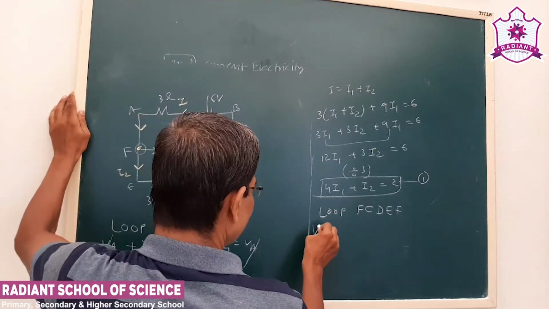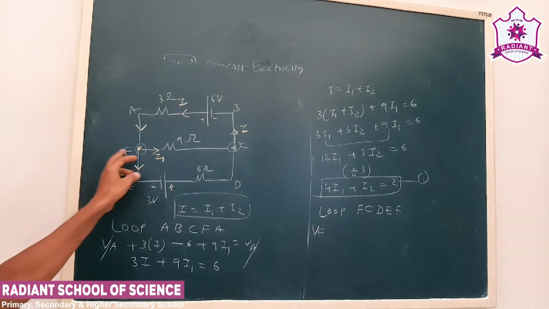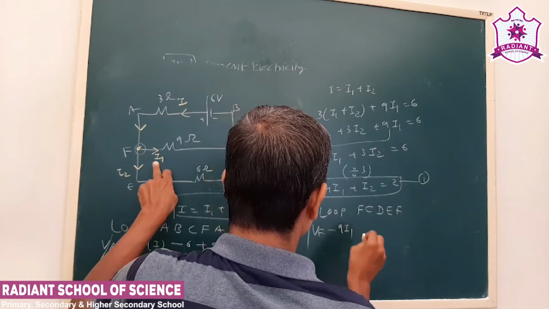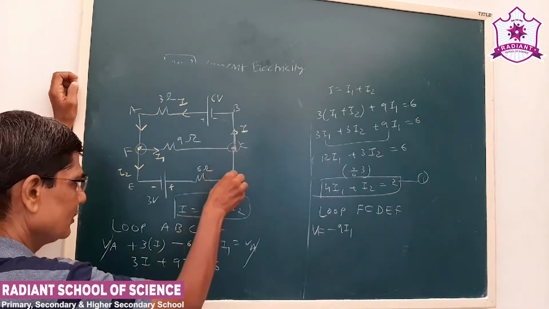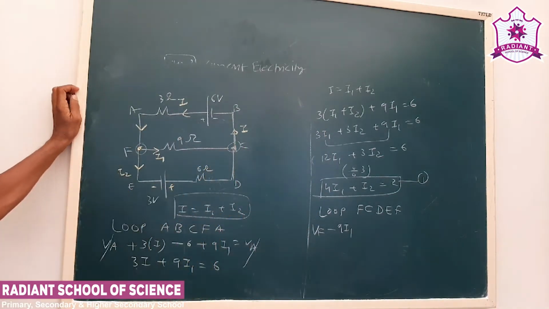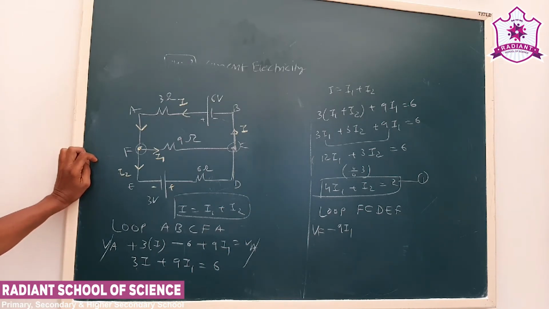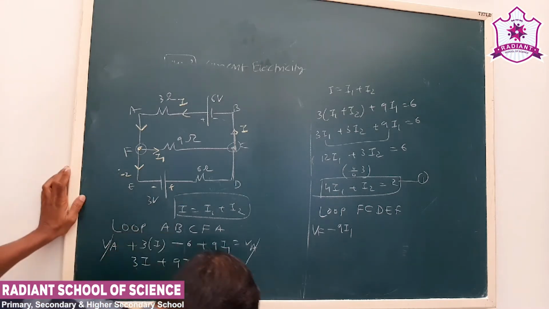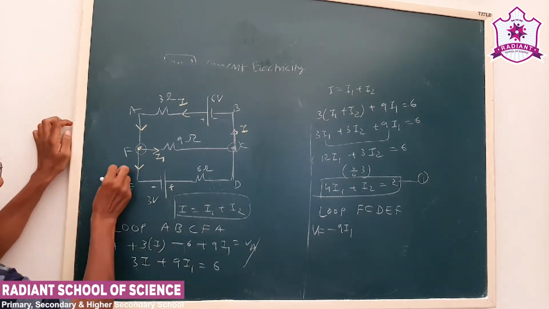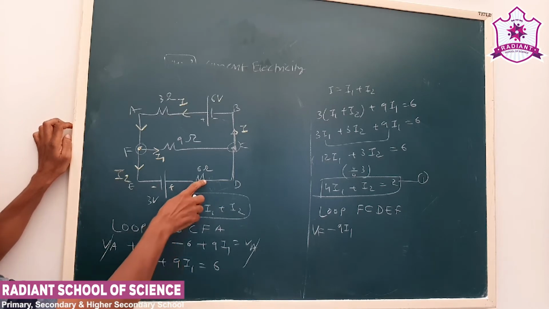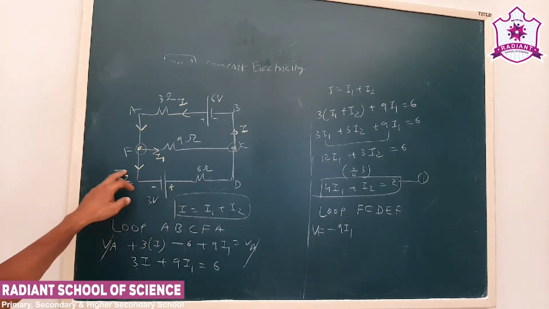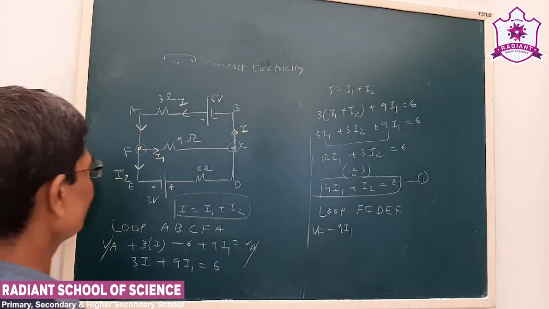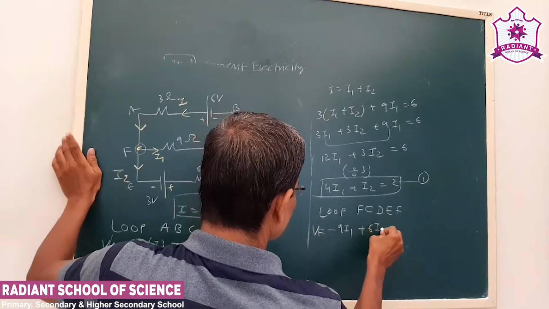So we can write VF starting from F. FC direction, we are moving in the direction of the current, minus 9I1. Now from C to D, we move from D to E, so that is in the opposite direction of the current. What is the current in this branch? That is I2 here. We move from D to E, current is in ED direction, so it will be plus 6I2.